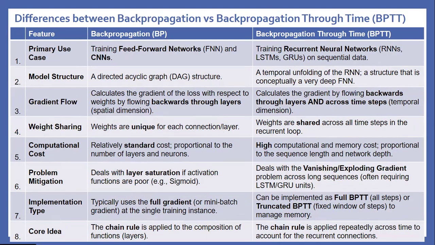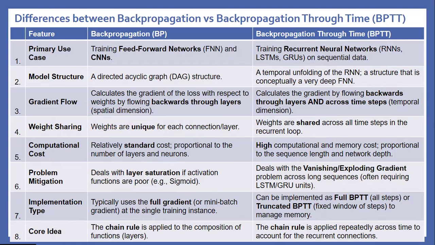We move to the question: difference between backpropagation and backpropagation through time. Primary use case: backpropagation is for training feed-forward neural networks and CNNs. Backpropagation through time is for training recurrent neural networks, RNN, LSTM, GRU, on sequential data.